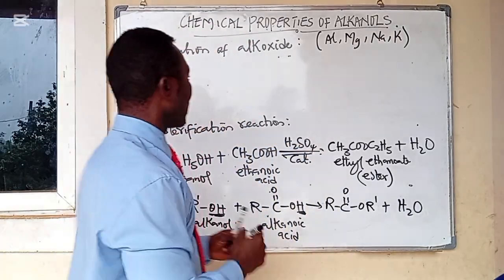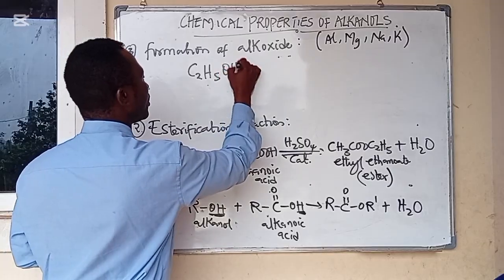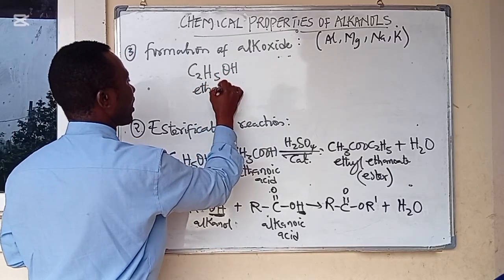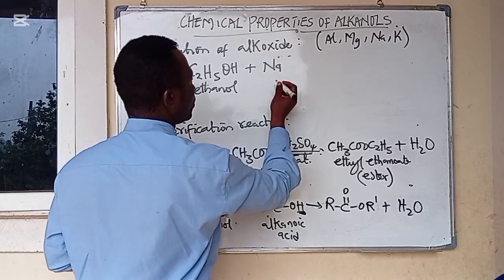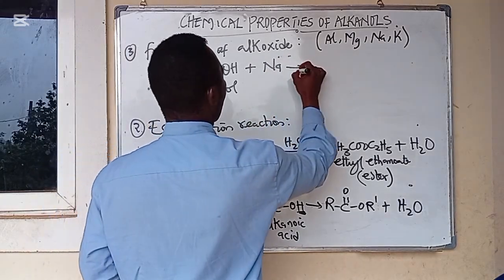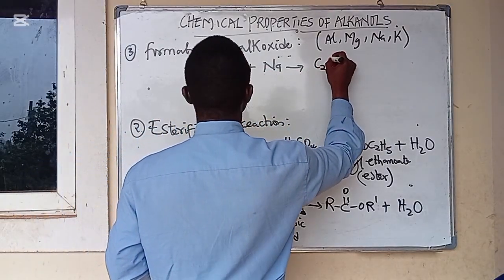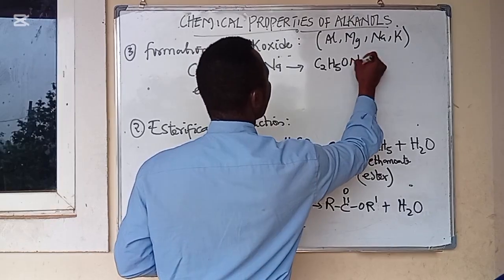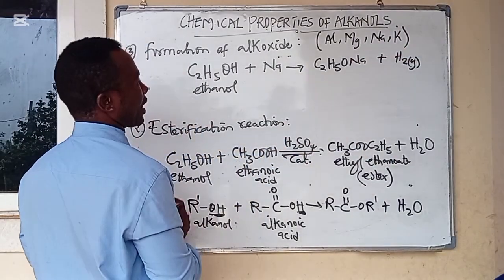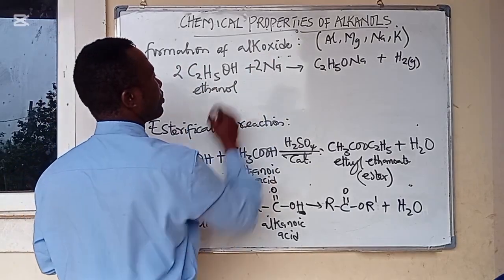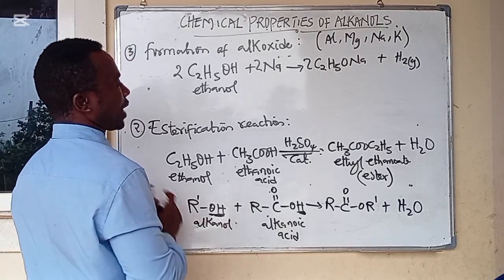That is to say that when we have C2H5OH, which is ethanol, and it is reacting with a metal, sodium metal, what will we have? We have C2H5ONa plus hydrogen gas being liberated. So you can balance the equation. We put 2 here, we put 2 here, so then 2 here. So the equation is balanced.